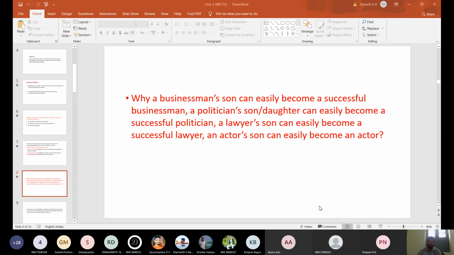Why will this happen? What are the factors? People will think they have been practicing from a very young age. Very engaged. Mukesh Ambani's father is also a businessman. Ratan Tata's father is also a businessman. Abhishek Bachchan's father is also a successful actor. Like that, we can find many examples.